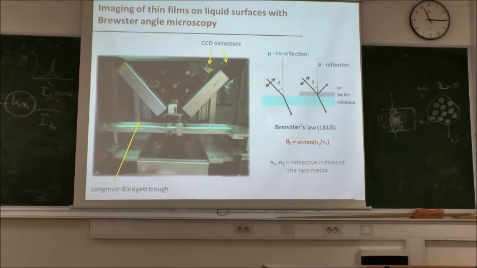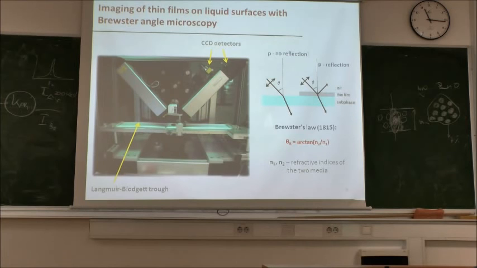In this case, a small amount of surface active molecules are deposited onto a clean water surface, and in the beginning the density of the film is so small that the molecules behave like they are in gaseous space. But then we compress this monolayer by decreasing the surface area with the help of these movable barriers.